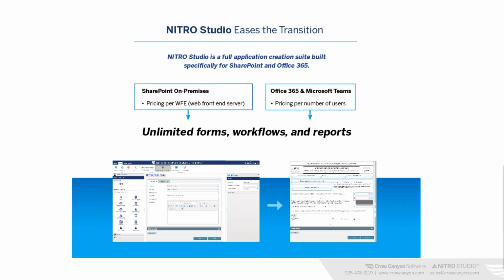And we just decided when we did the pricing and did the analysis that it's just better for everybody all around if we just say, look, there's a price per WFE on premises, and there's a price based on chunks of numbers of users, like tiers.